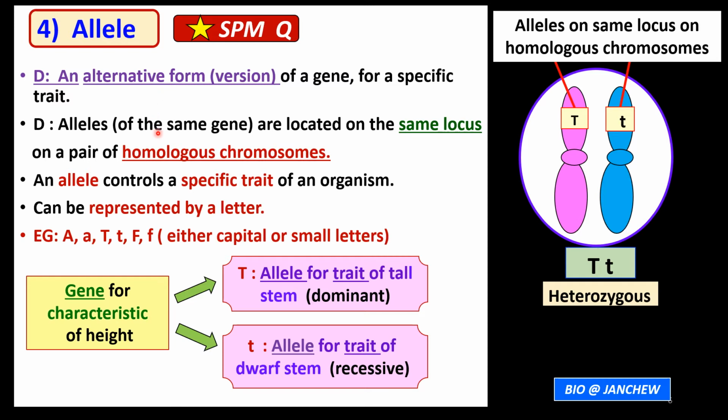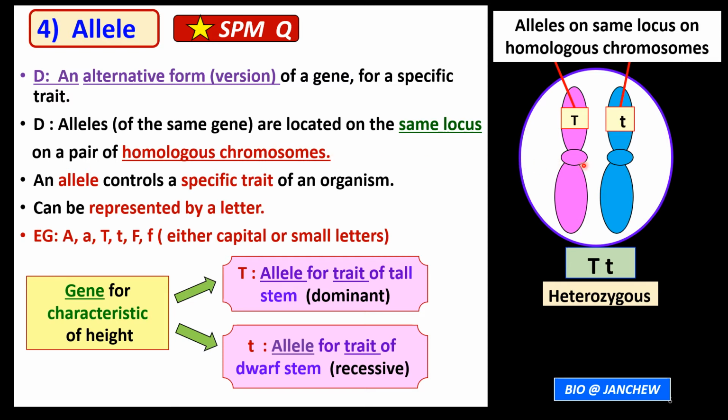And the second characteristic of alleles is that the alleles of the same gene, such as the gene for the characteristic of height, must have the same locus on a pair of homologous chromosomes, for the simple Mendelian inheritance that we are studying.